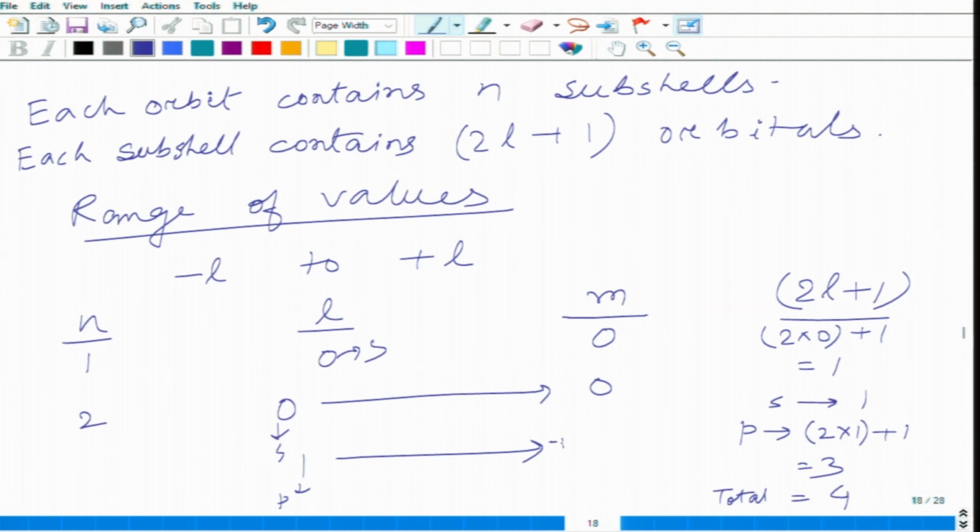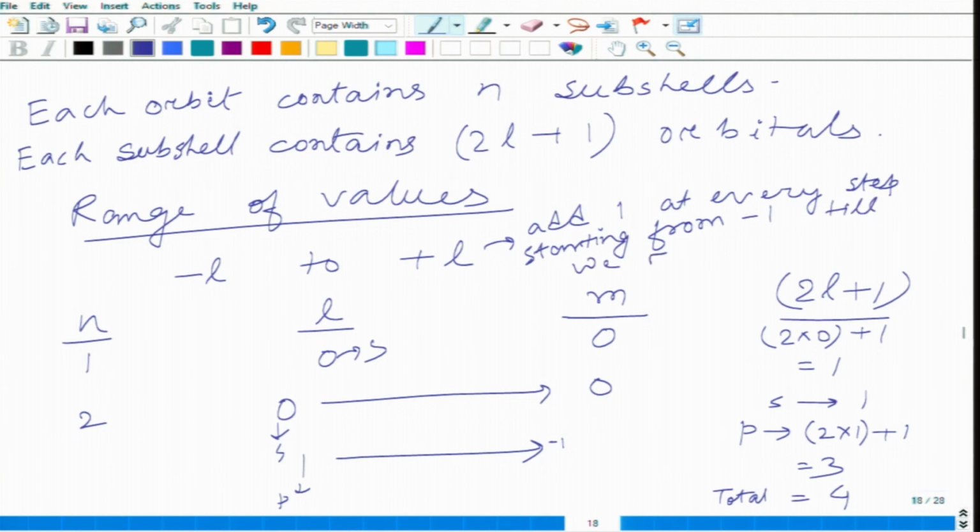So minus 1, here also we add 1 at every step, starting from minus L till we reach plus L. Okay, so we start from minus 1, then we add 1 to it, we get 0, then we add 1 again, we get plus 1.